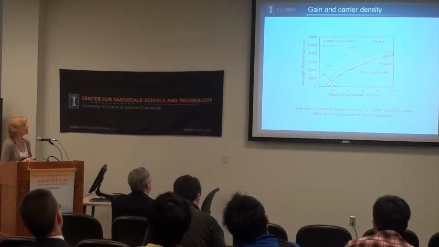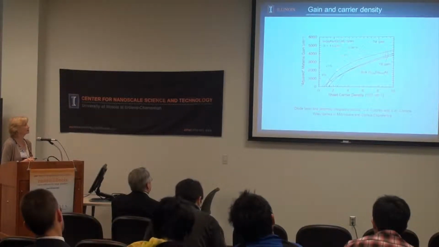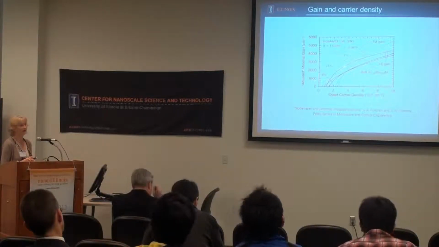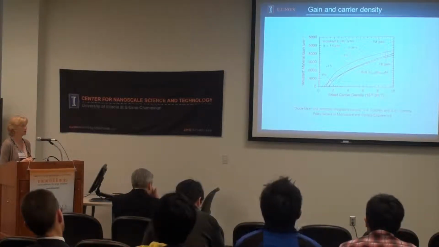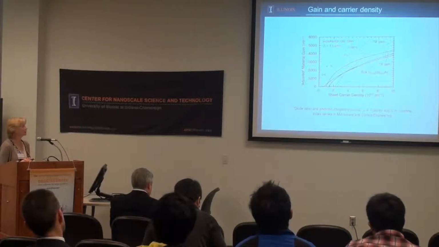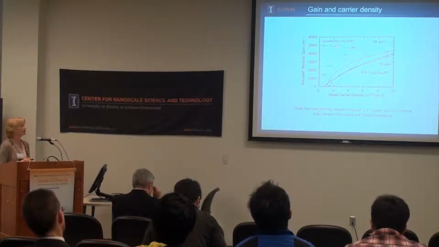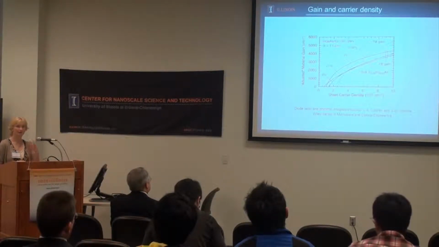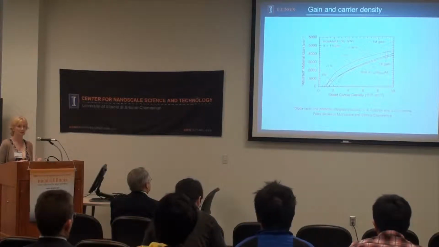You can see that as you increase the current, the gain increases rapidly to begin with, and then it rolls over to less rapid. Most 5 quantum well structures are operating here.